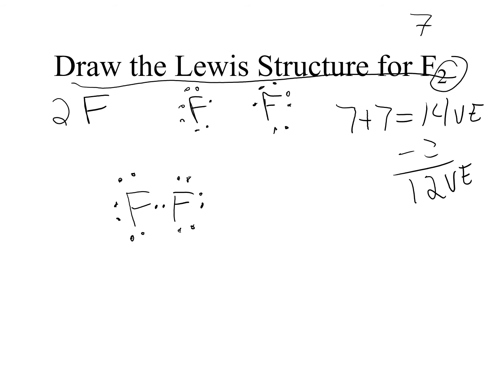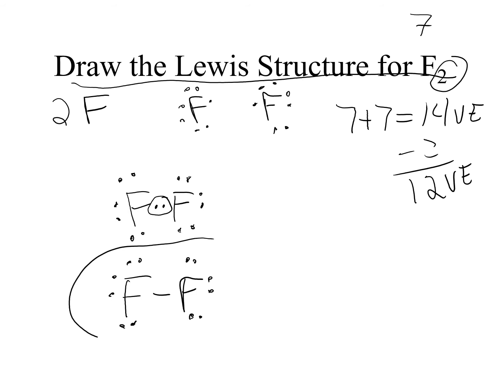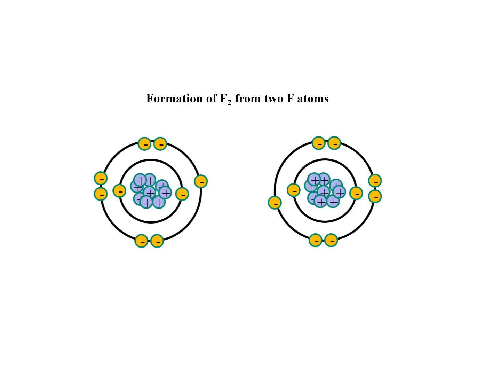The last thing we need to do in our Lewis dot structure is the 2 dots that represent the bonding electrons need to be drawn as a line. So I'm changing that into a line, and I'm showing all of my non-bonding electrons. So this would be my Lewis structure for a molecule of fluorine.